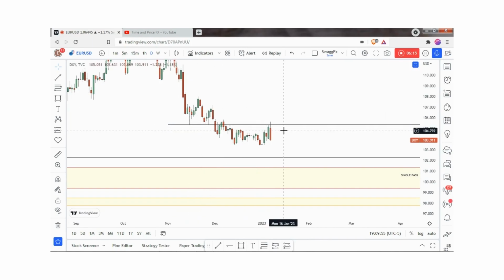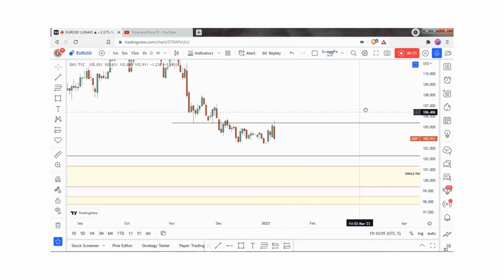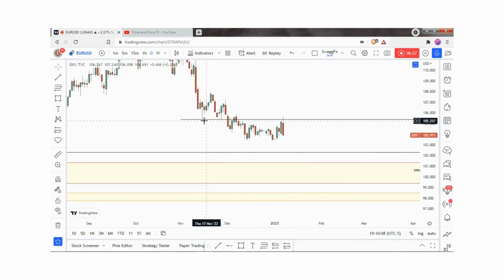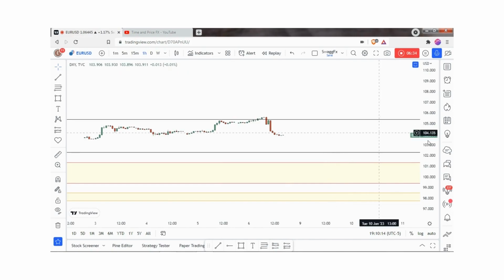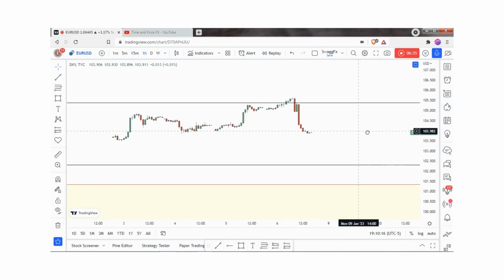It also symbolized our, what do you call that level again, our mitigation block. So it mitigated, came down, and then in the hourly time frame, let's see what happened.